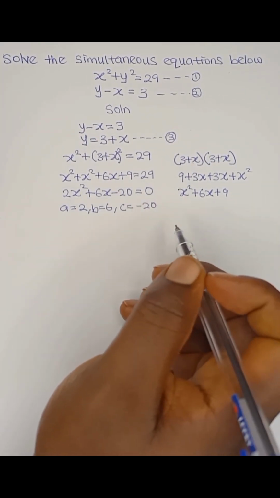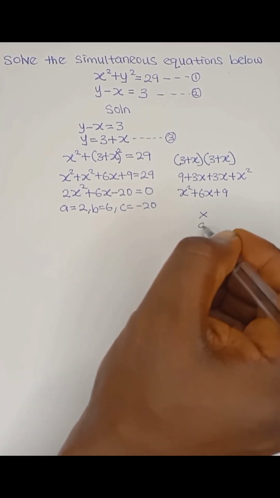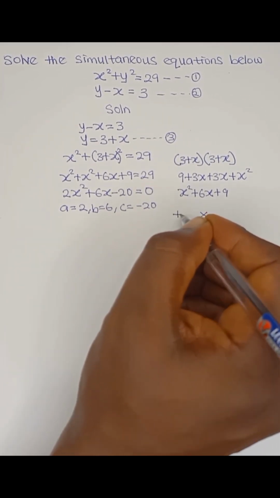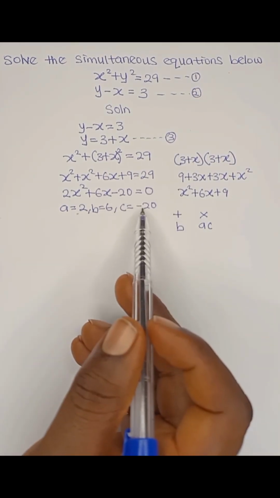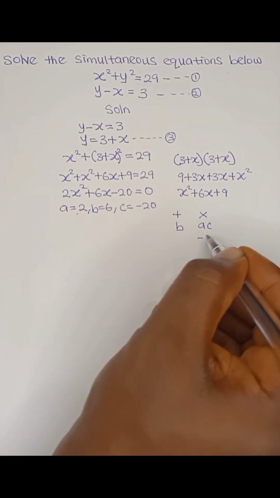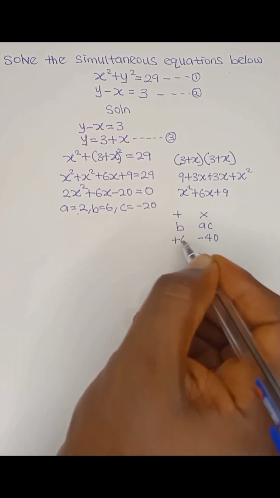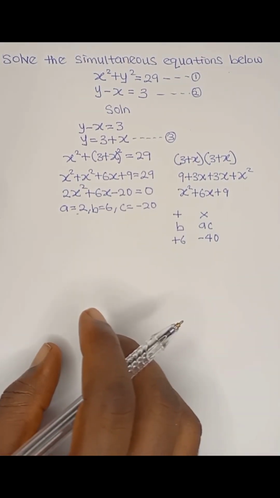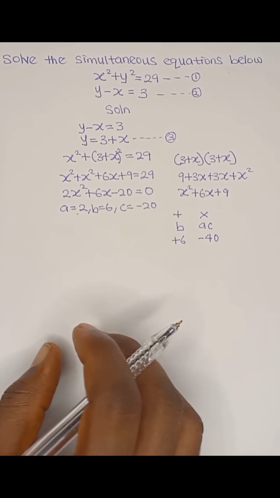So our next job is to look for two numbers that will multiply to give us AC and add to give us B. Remember, AC is 2 multiplied by minus 20, which gives us minus 40, and our B is plus 6. What are two numbers that multiply to give minus 40 and add to give plus 6? Without wasting our time, the two values are minus 4 and plus 10.